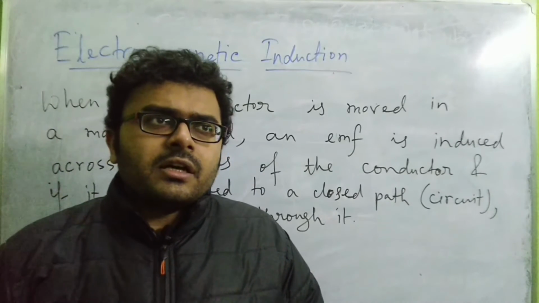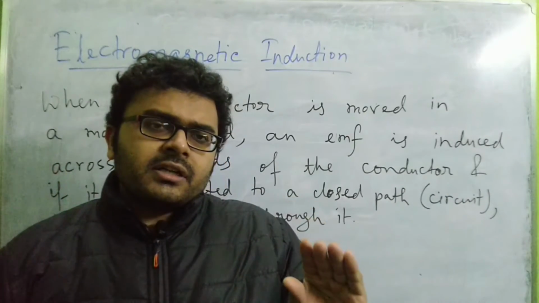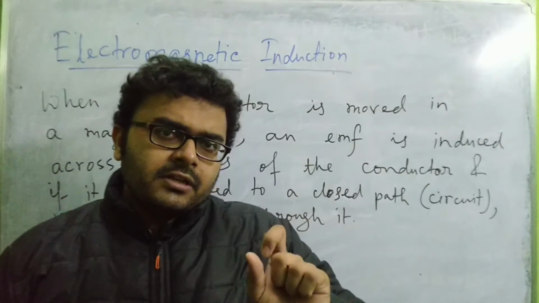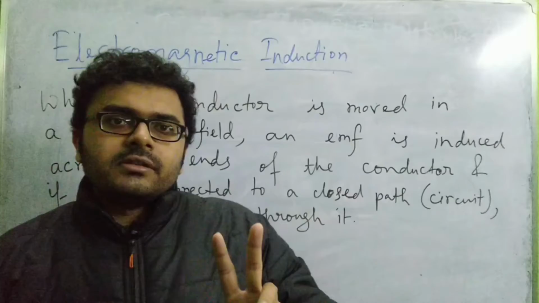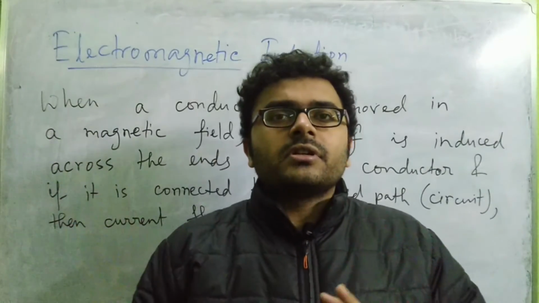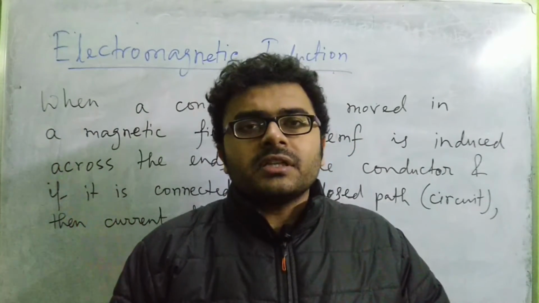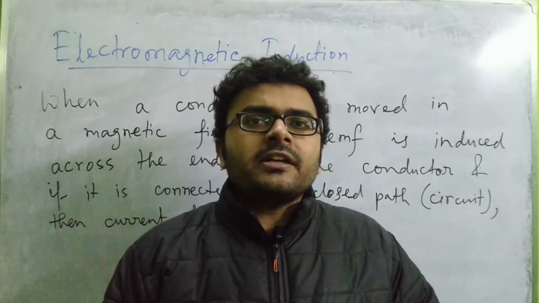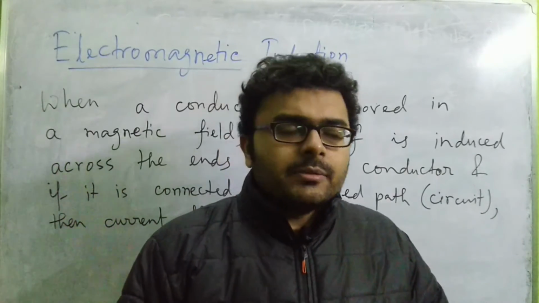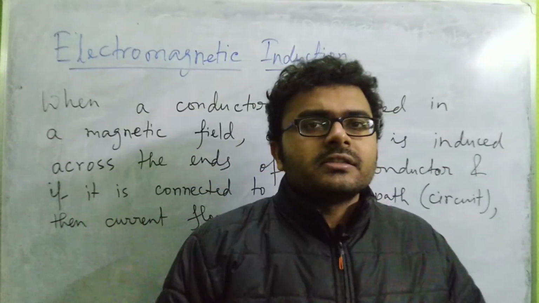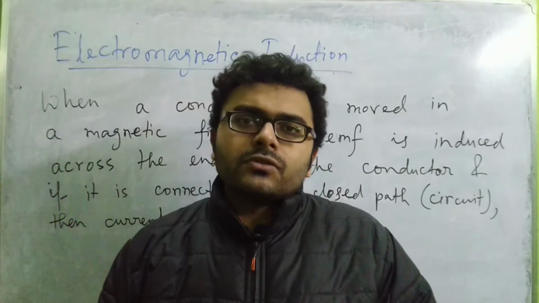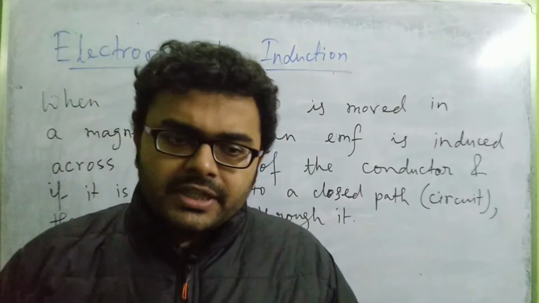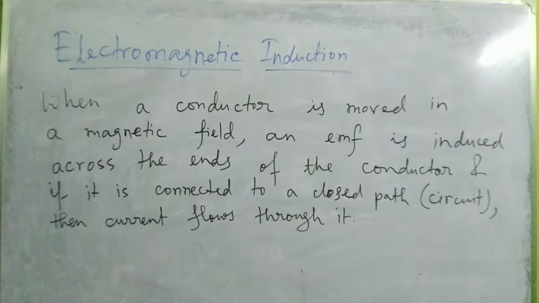This is because you can keep the conductor at rest and move the magnetic field, or in the other way you can keep the magnetic field at rest and move the conductor, both ways. That is, there must be relative motion between the conductor and the magnetic field. Then it is observed that a current is induced, an EMF is induced in the coil, that is a current starts flowing through the coil whenever such a coil or conductor is connected to a closed path. Okay, so this is electromagnetic induction, and this concept was introduced by Michael Faraday.